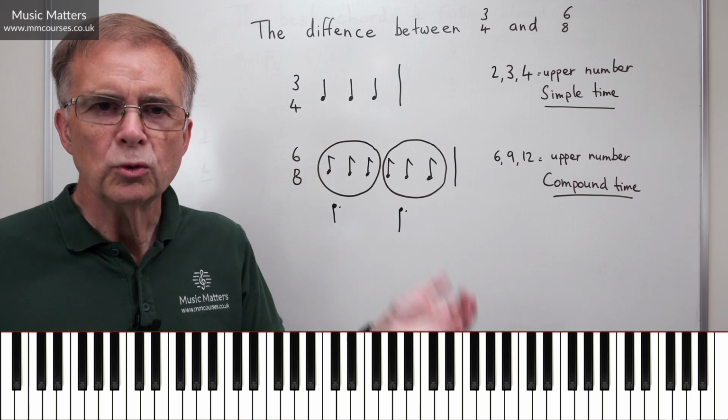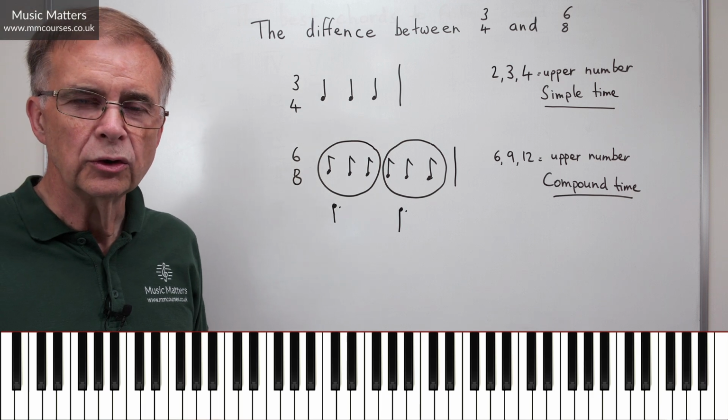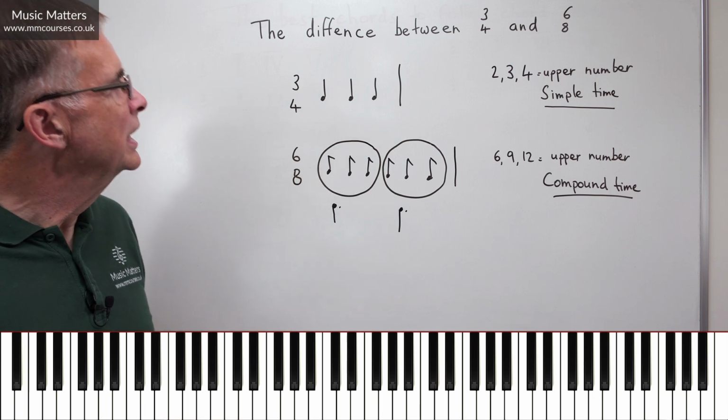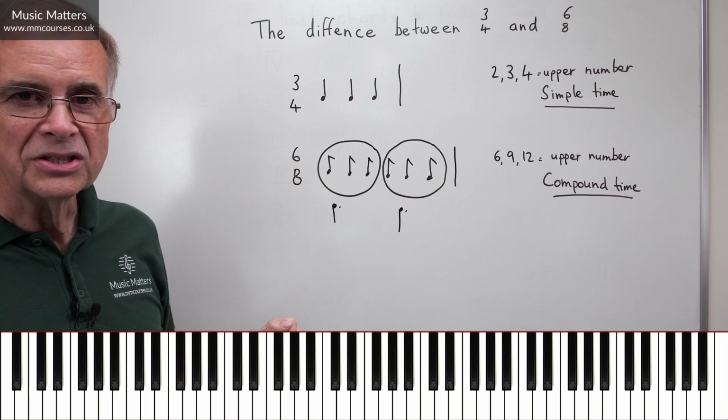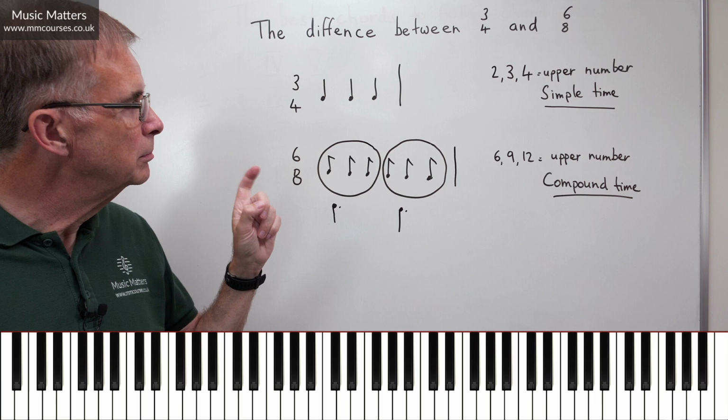Now I can change the rhythm, so I don't have to go along in quarter notes or in crotchets forever. That would be a bit boring, wouldn't it? I can have any other rhythm inside the bar that fits with those 3 beats.